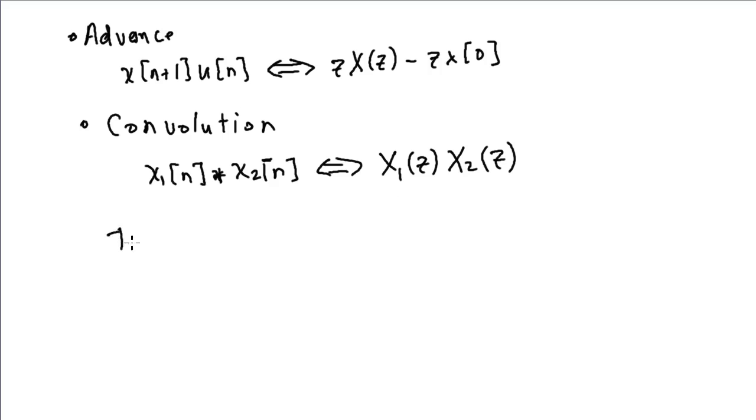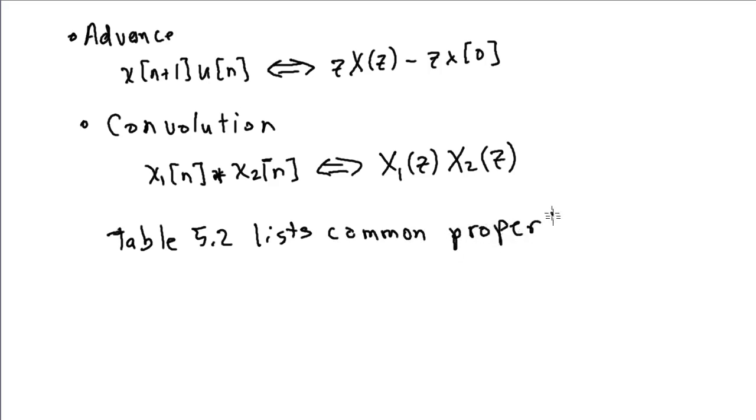So refer to table 5.2 for additional properties. These are also on the handout I provided in class. It's on the back side of that handout. The front side had transform pairs. The back side lists a bunch of Z-transform properties.